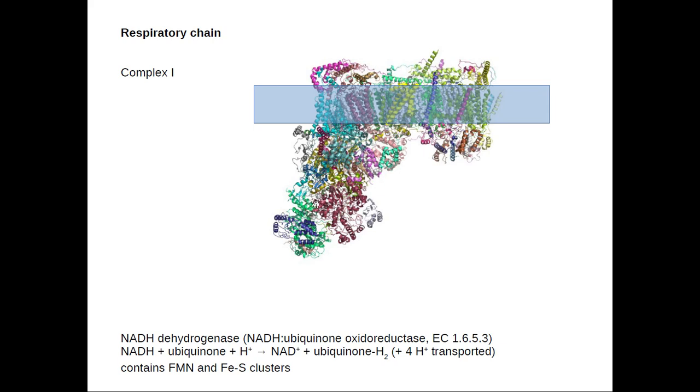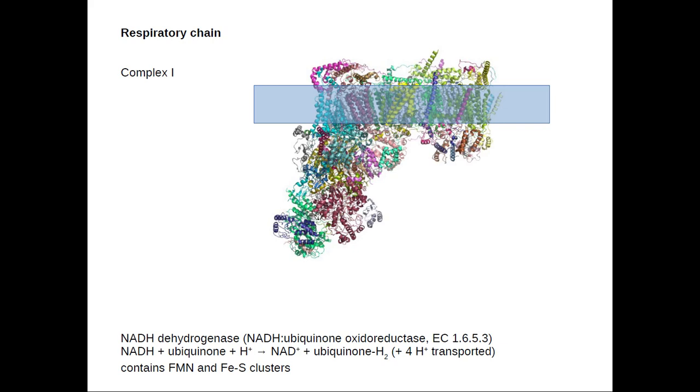How can electrons go through the space? Normally if you have an electric cable, there is a metal through which electrons can pass, and it's something similar here. There are some centers, and very common are iron-sulfur clusters. I will show some structure or schematic view.